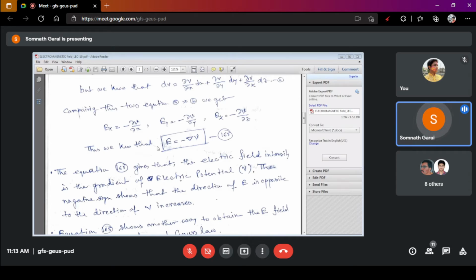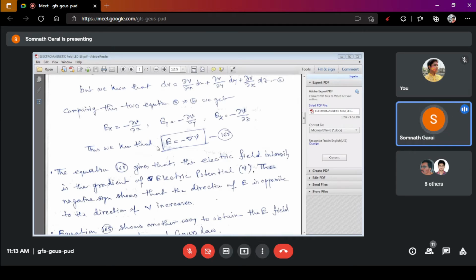The negative sign specifies that the direction of the electric field intensity is opposite to the direction in which the electric potential increases, right?